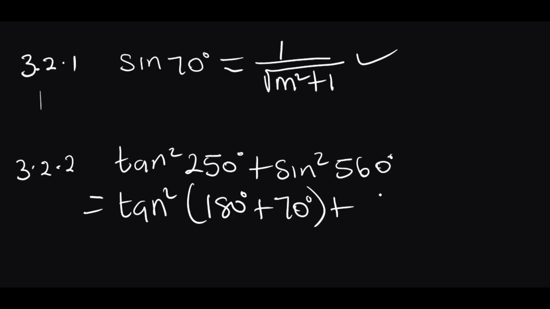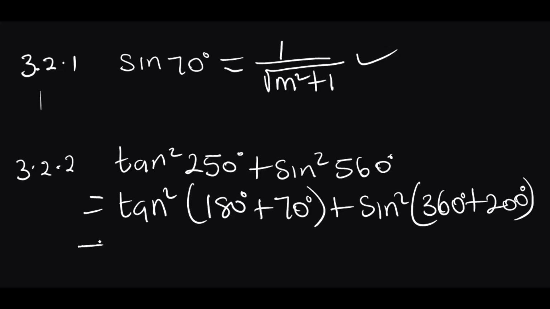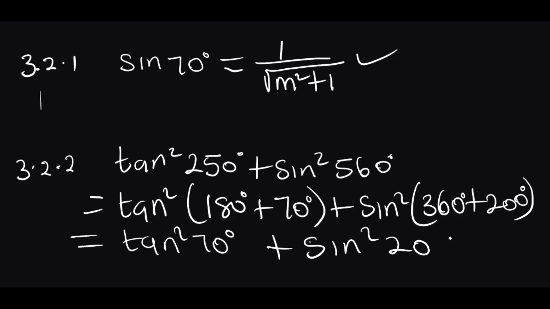For sine squared, we can write 560 as 360 degrees plus 200 degrees. That is equal to tan squared 70 degrees plus, in this quadrant, sine is positive, meaning we will have sine squared 200.